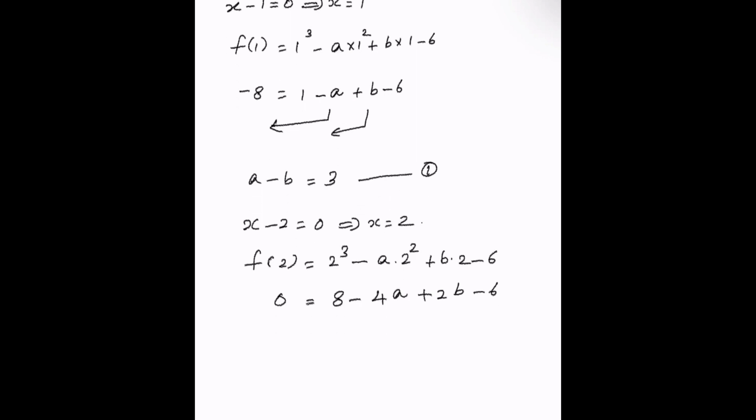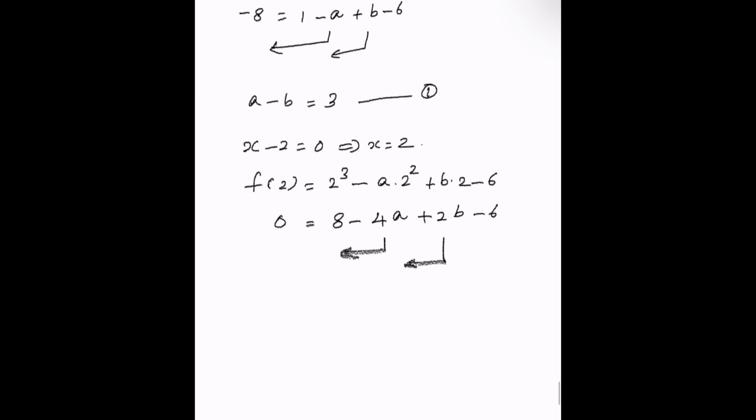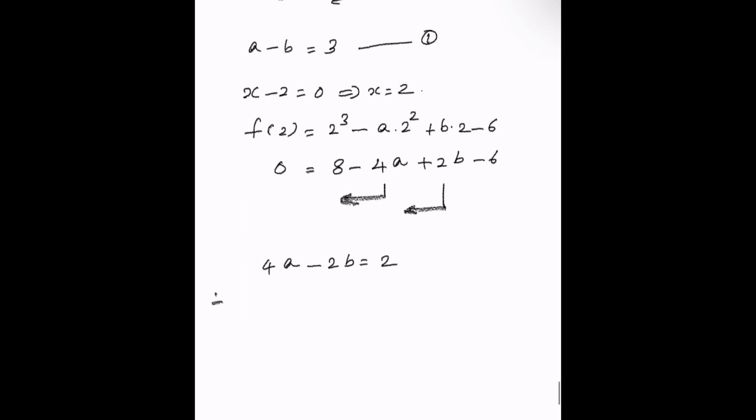Here also I am taking this and this to other side. So I am getting 4a minus 2b is equal to 8 minus 6, which is 2. Divide by 2, because each and every term is a multiple of 2. I am getting 2a minus b equal to 1. This is equation number 2.